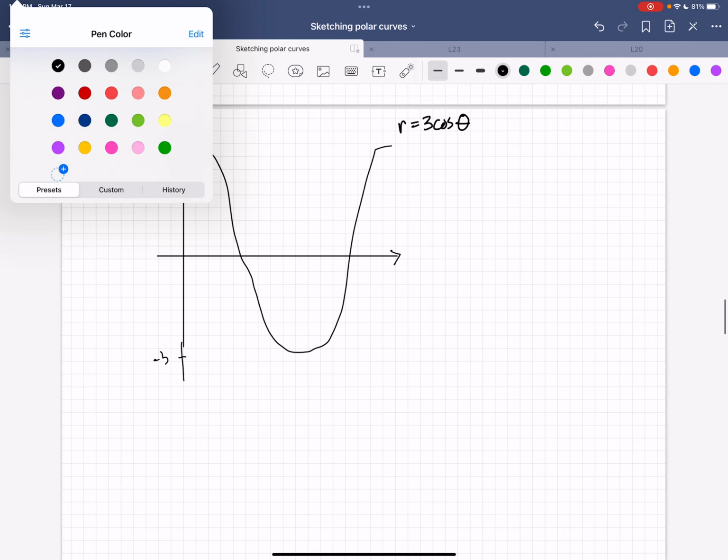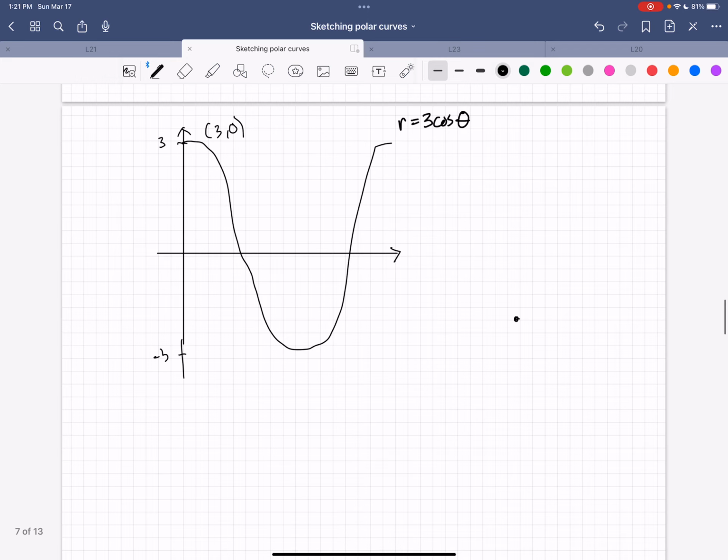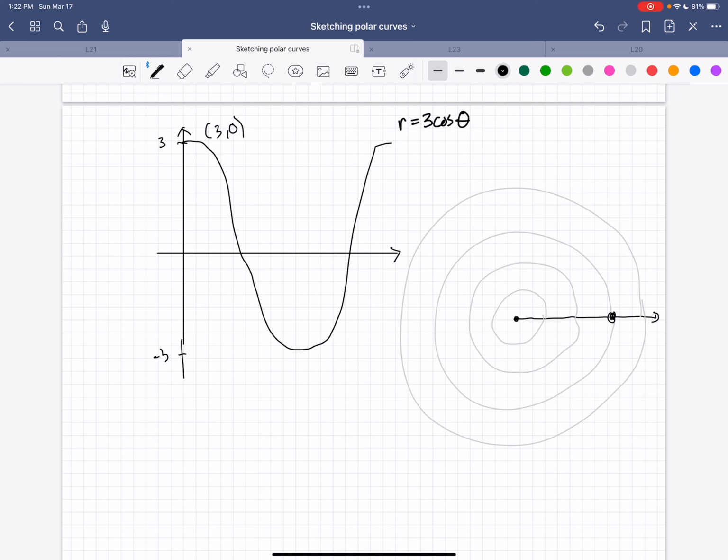So now here we'll have 3, 0. Let's do our radius circles again. Then we've got this one at 3, 0.